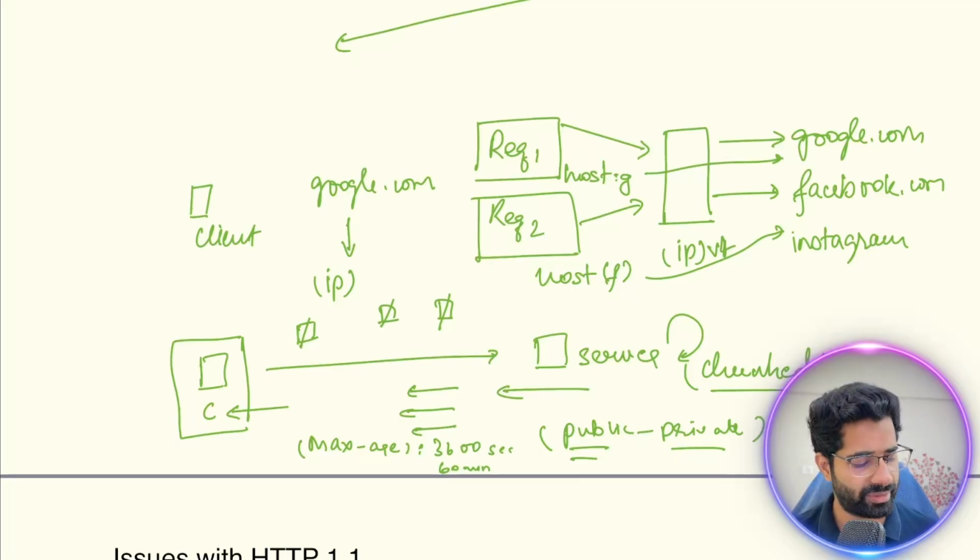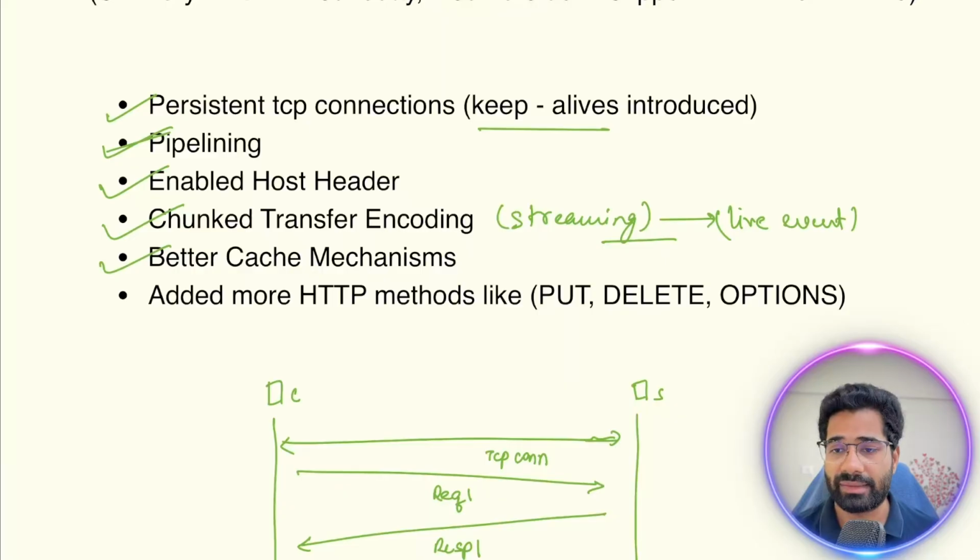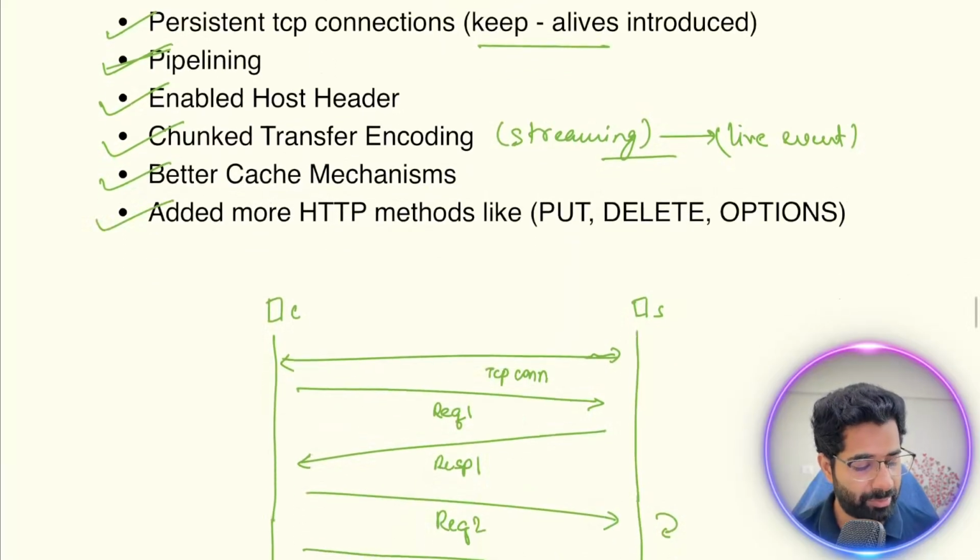So if here the time is 6 a.m. GMT, it would cache for the next 60 minutes. If here the time is 5 a.m. GMT, it would cache for the next 60 minutes, irrespective of whichever time zone it falls into. Okay, so it had better caching mechanisms, and obviously it added more HTTP methods like put, delete, and options.